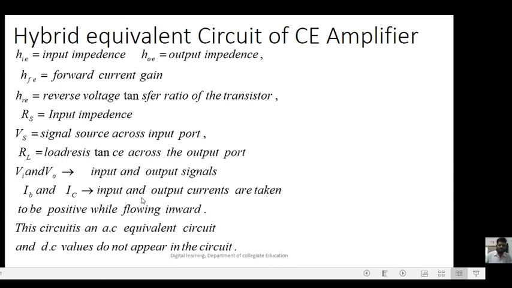IB and IC, input and output currents, are taken to be positive while flowing inward. These circuits are an AC equivalent circuit and DC values do not appear in the circuit.